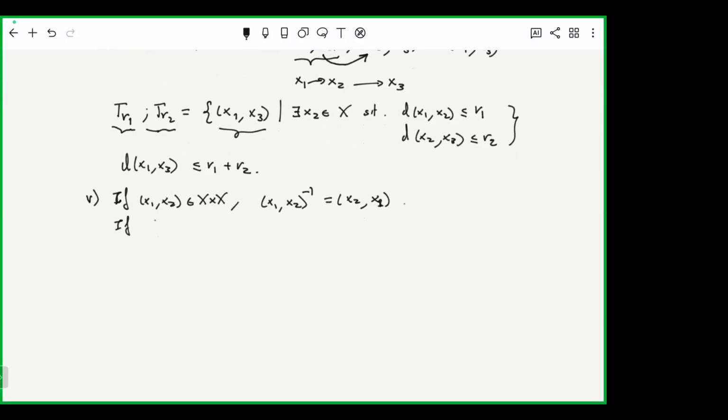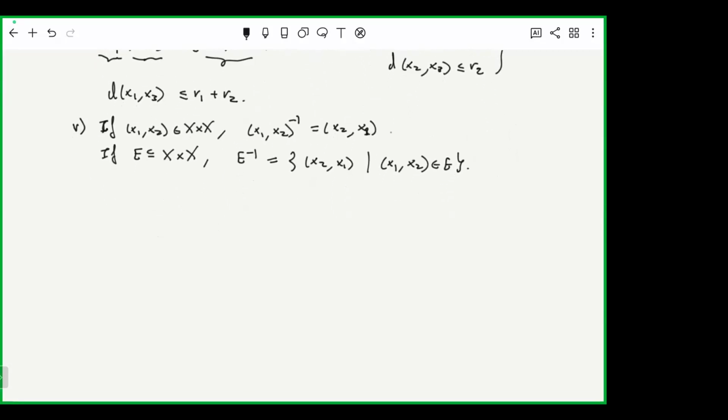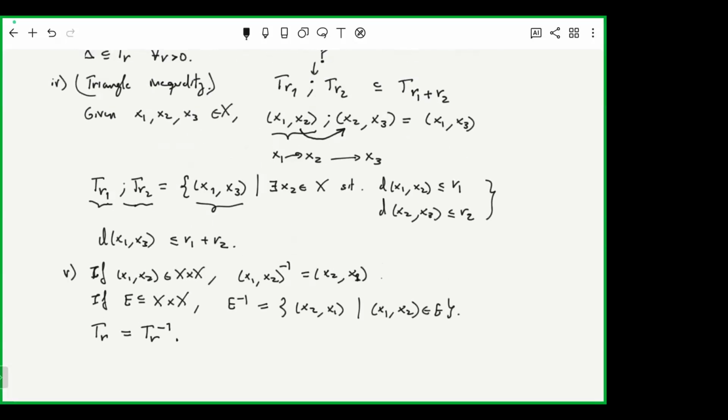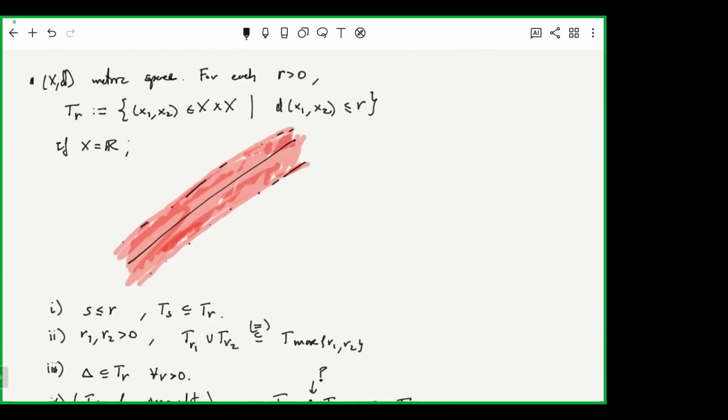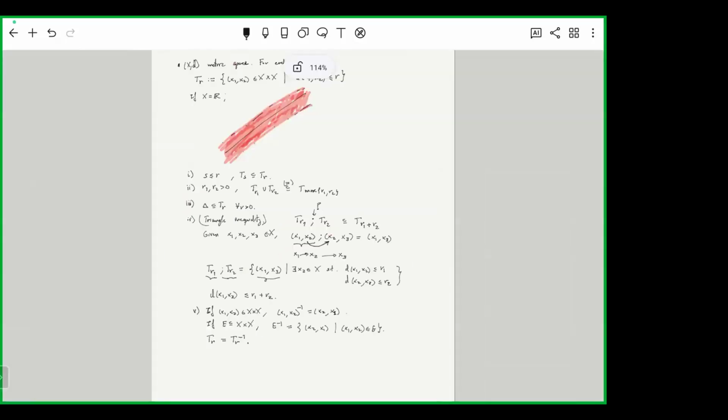So if E is a subset of X times X, I will denote E inverse to be the set of x2, x1 such that x1, x2 is in E. So all possible inverses. Now you can notice that these T_R are symmetric. They're equal to their inverses because the distance function is symmetric itself.